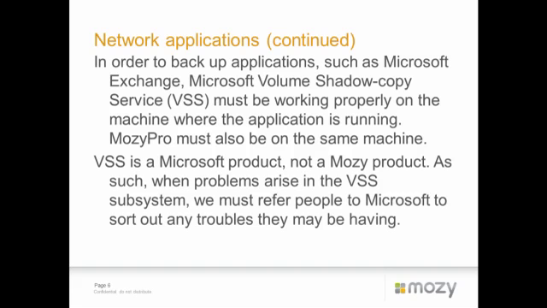In order to use those functions of MozyPro, we need to use a Microsoft component that's built into every operating system from Windows XP on. Notice I'm excluding Windows 2000. There are some of our MozyPro customers who are using Windows 2000 still.